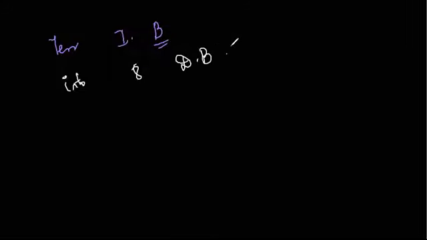How many ways are there to place 10 indistinguishable balls? So the balls are indistinguishable, and the number of balls is 10, into 8 distinguishable boxes. So this is the balls and this is the number of boxes. Over here, what will be your n and r? n will be 8 since it is the number of boxes you are placing in.